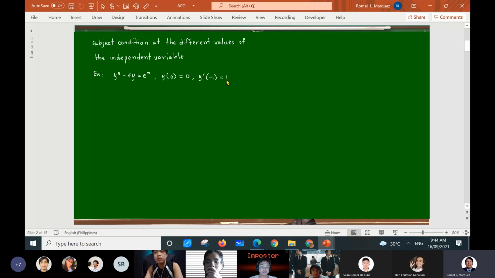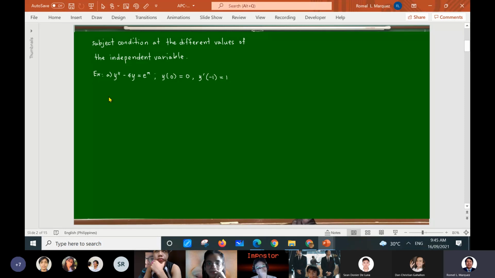So if it is a second order ordinary differential equation, we are going to have two conditions. If it is a first order, there is one condition. If it is a third order DE, you can impose three conditions, for us to be able to solve for the arbitrary constants. So that's the use of these conditions: they enable us to determine the values of the arbitrary constants.